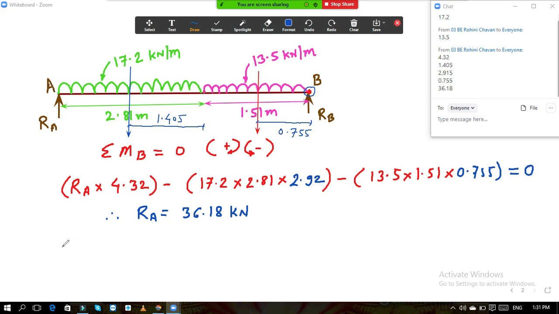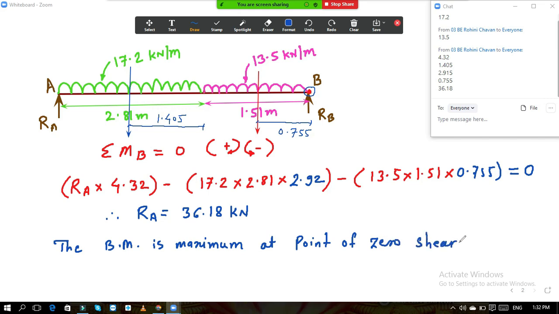So here I will write: the bending moment is maximum at the point of zero shear. Right now we don't know where the point of zero shear is. So we will take a general section at a distance x.